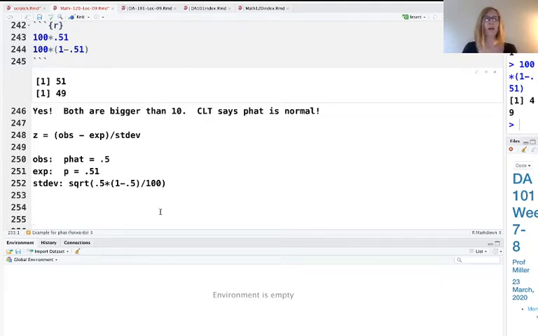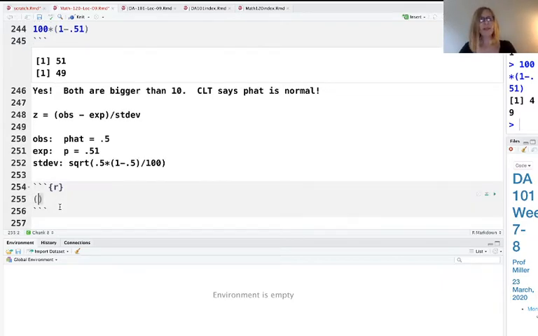So I'm going to plug all of those into this z-score formula and see what we get. By the way, this would be an excellent time to pause the video, try this on your own with your calculator or whatever you're going to use for the quiz, and see if you can get the answer right. I'll do it right now.